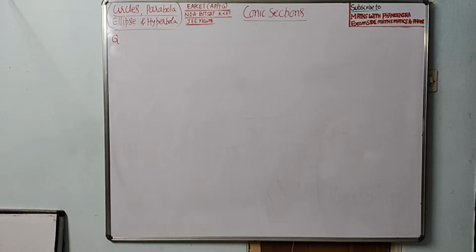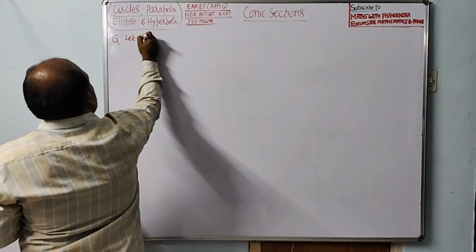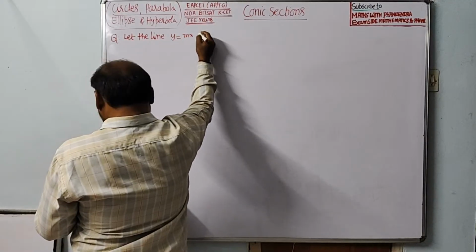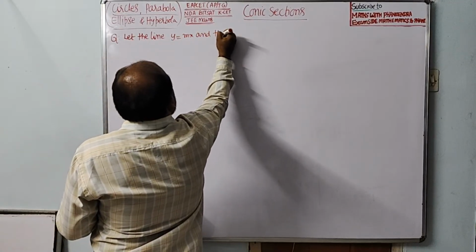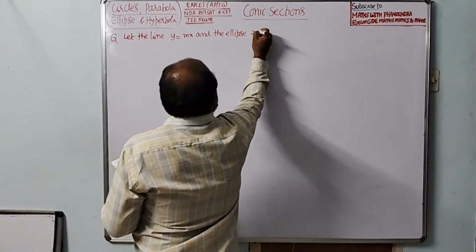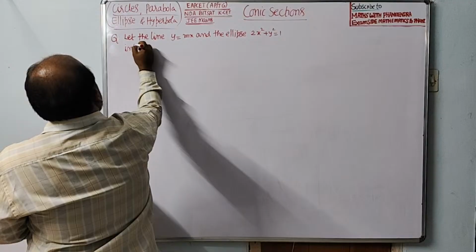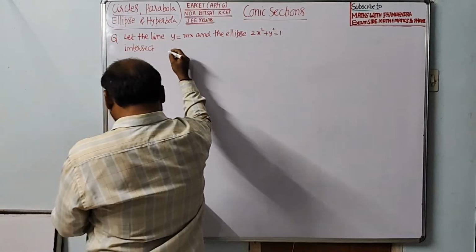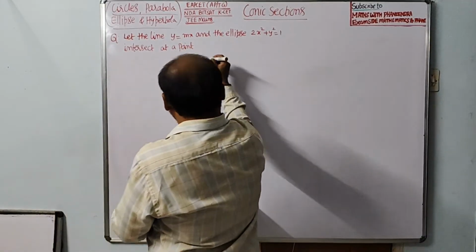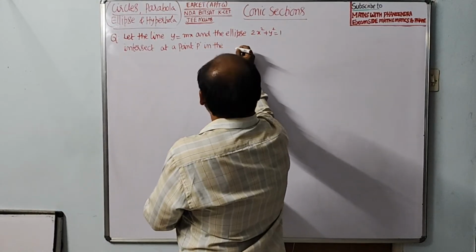This is absolutely a good question, a previous JEE Mains question. Let the line y is equal to mx and the ellipse 2x square plus y square equal to 1 intersect at a point P in the first quadrant.